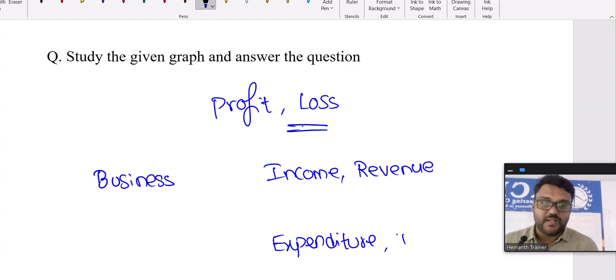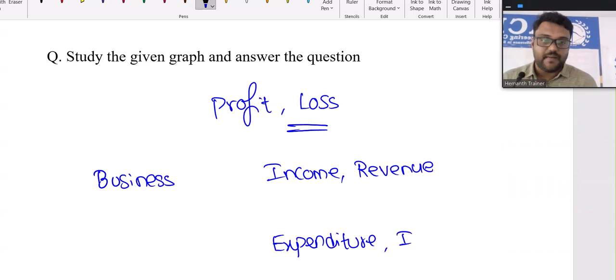So income and revenue mean nothing but selling price.